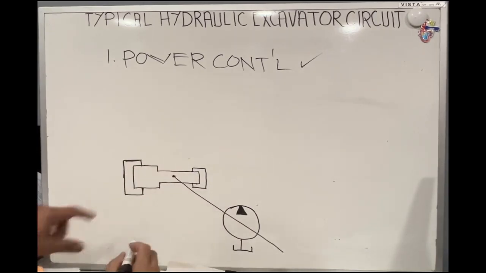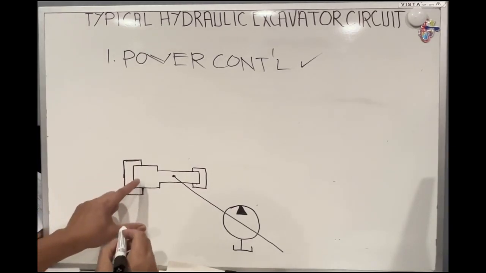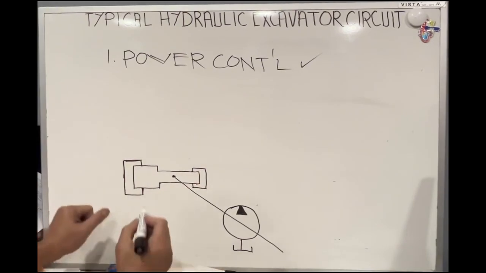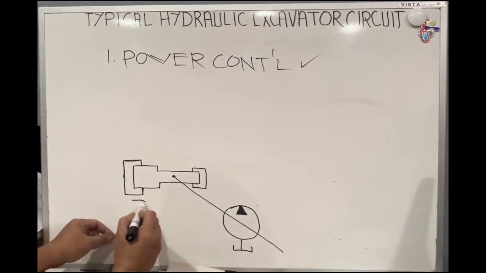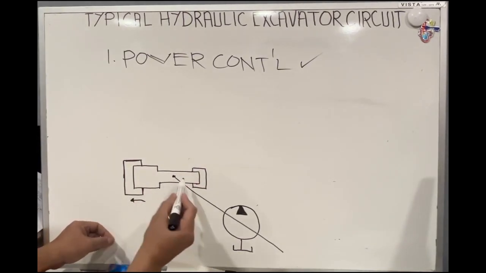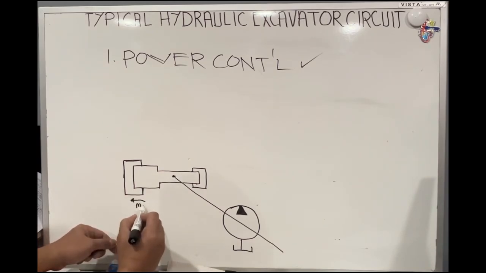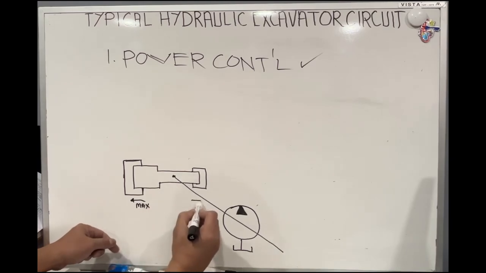Okay, so this is your large piston area, and this is your small piston area. When the stroke spool moves to the left, the pump displacement is going to max. When it goes to the right, it is going to minimum.